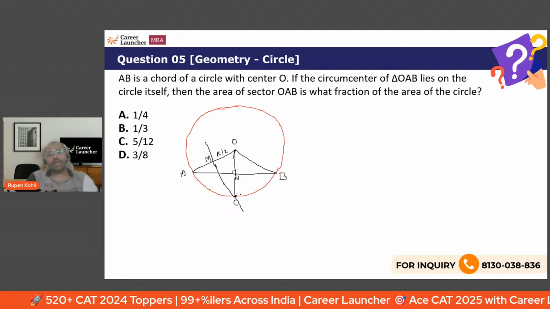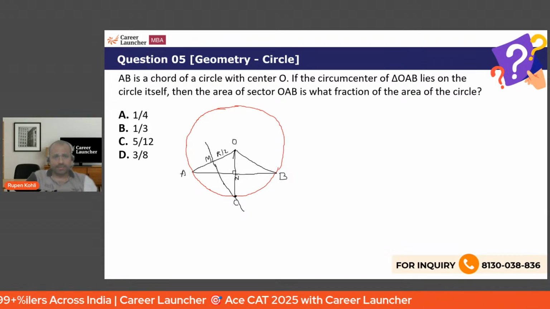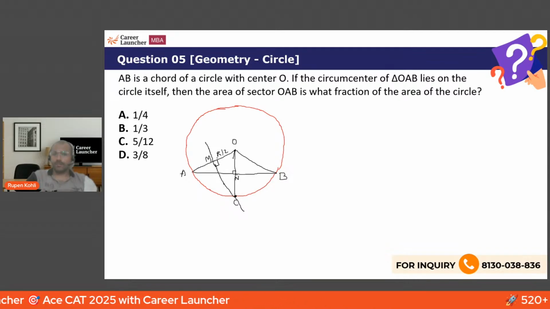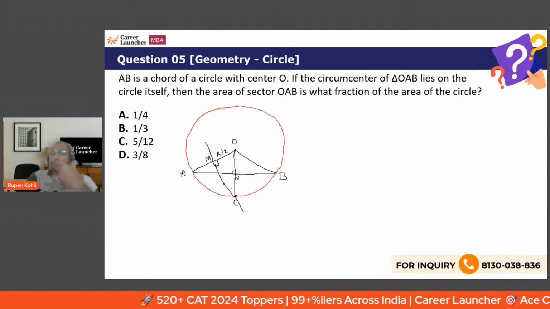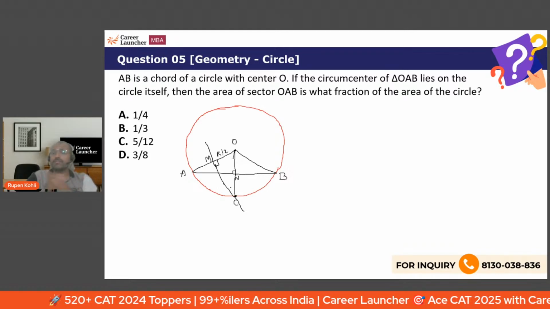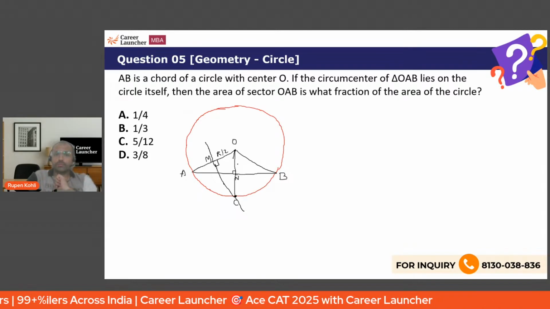Hence, I can apply the geometry in this triangle OMC, which is a right angled triangle, in which OM is R by 2, half of the radius of the circle, because MC is the perpendicular bisector of AO, because of the very definition which defines the circumcenter, and OC is also the radius R of the circle.